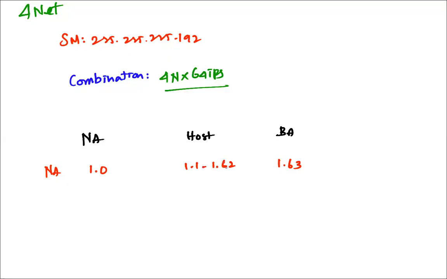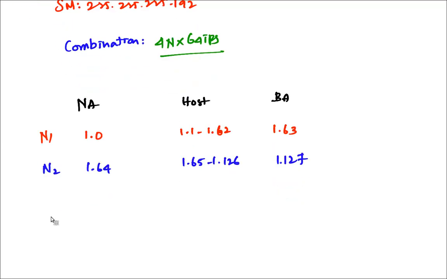Okay, good. Sorry, guys. I wrote network address. This is network number one. Network number two, we'll write in a different color: 1.64 to 1.127, and the host IPs will be 1.65 to 1.126.